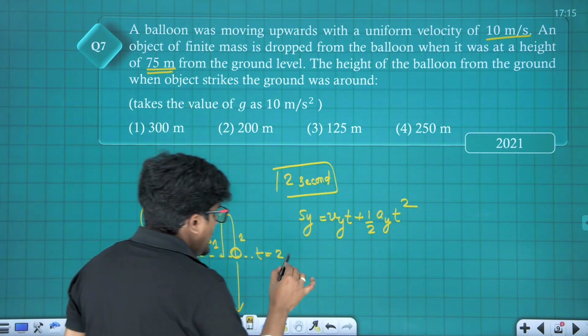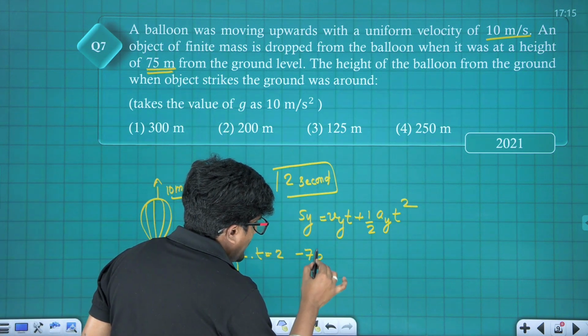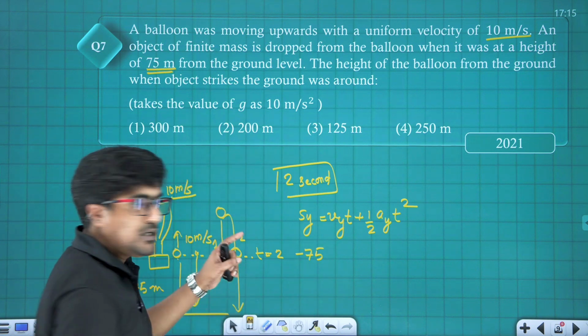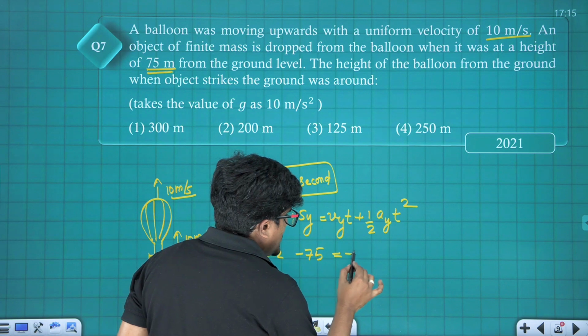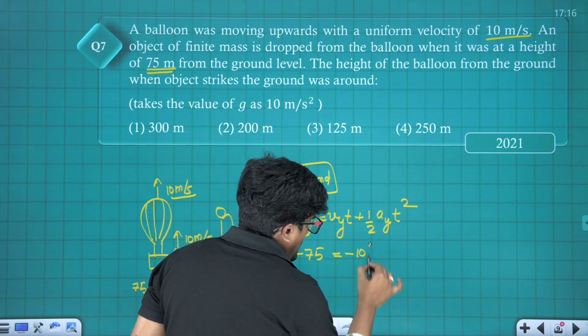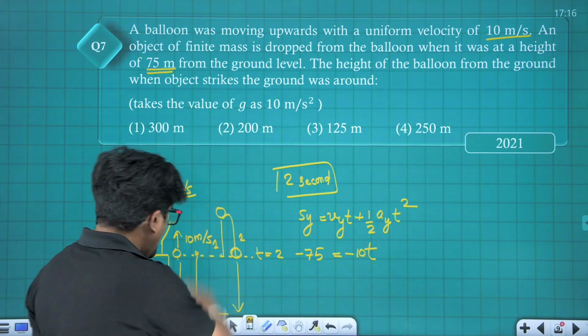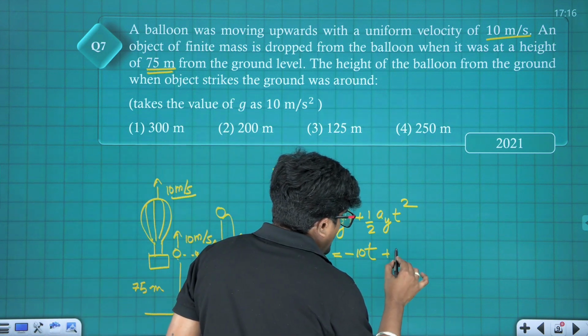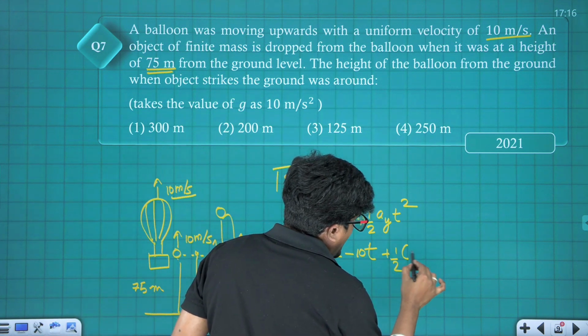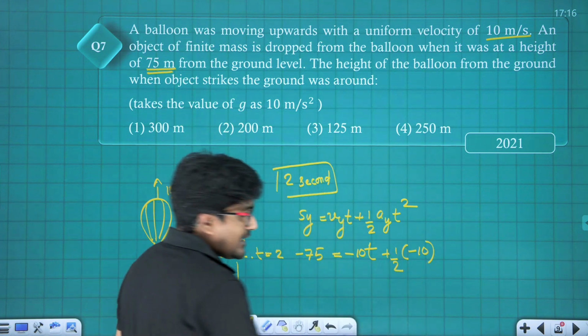So displacement along y-axis is minus 75 from the origin in the downward direction. Minus 75 is equal to u, which is minus 10, into time taken t. The downward direction is why I am taking it as minus, plus half of acceleration due to gravity, which is again the downward direction, that's why I am taking it as minus 10, into t square.